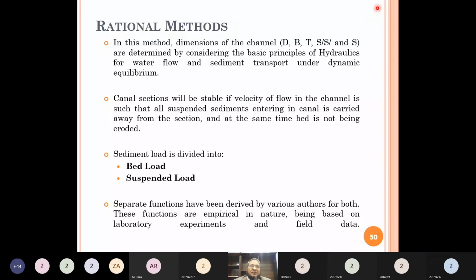We know the Manning's n value for various lining materials. What is the value of n for concrete? If it is brick lined, what is the value of n? If it is stone lined, what is the value of n? In tabular form you can get it from any book, and select the value of Manning's n.